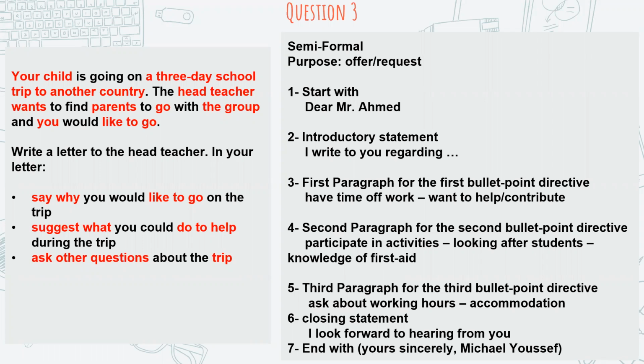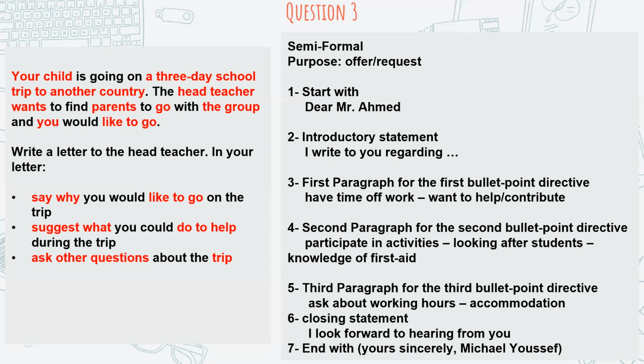Okay. For the second bullet point directive: participate in activities, looking after students, knowledge of first aid, because the second bullet point directive says suggest what you could do to help during the trip. For the third one, about the questions, because you will be asking some questions, maybe I will ask about working hours, accommodation, okay, then the closing statement.